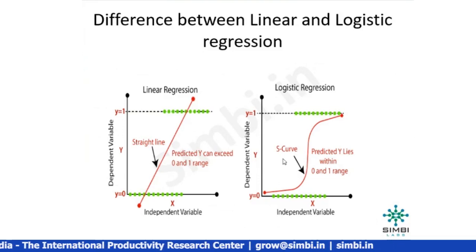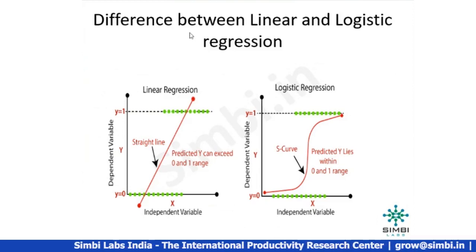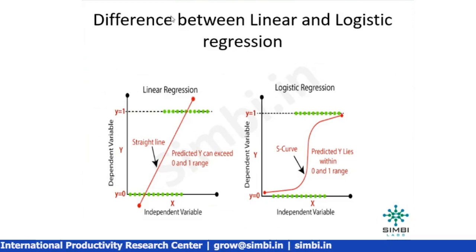So that is the difference between linear and logistic regression. Logistic regression is also one technique that can be used in traditional statistics. Okay, we understood the difference between linear and logistic regression, right?